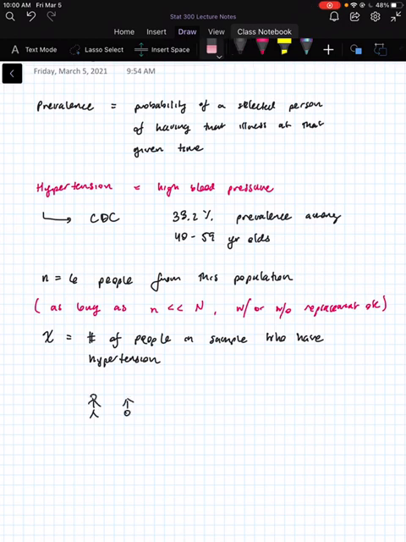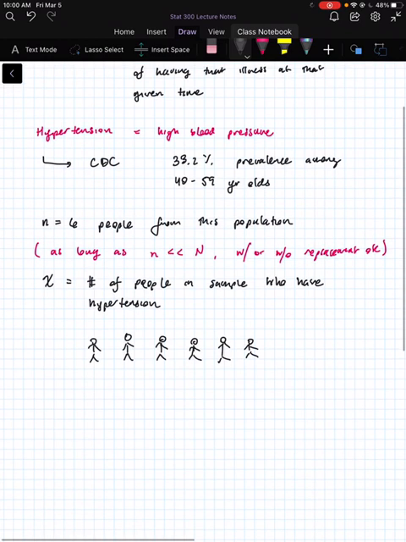So we have, whoops, that person's not supposed to be upside down. We have 6 people, all from the same population, possibly the same person or not. What are the possibilities here in terms of how many people in the sample have hypertension? Now, we don't care about which specific person has hypertension, we just care about how many do.